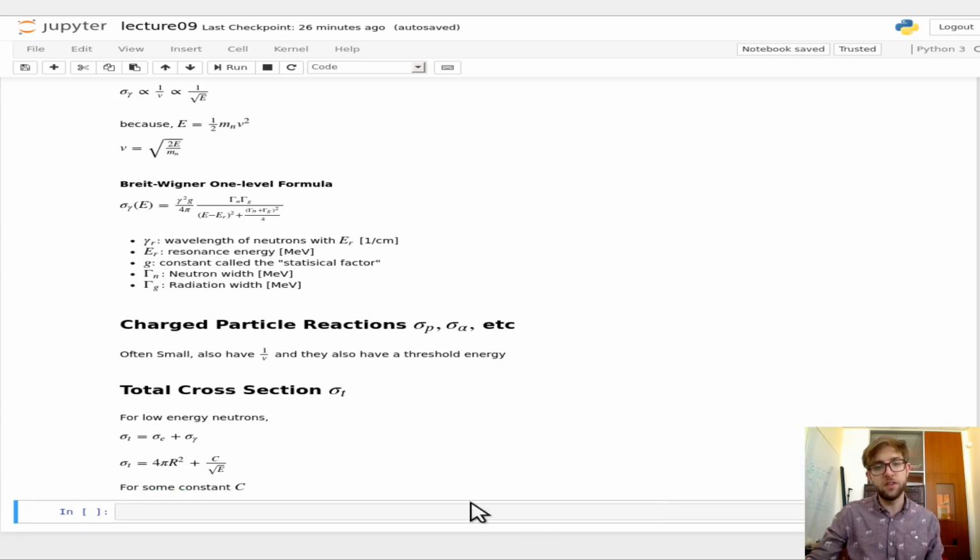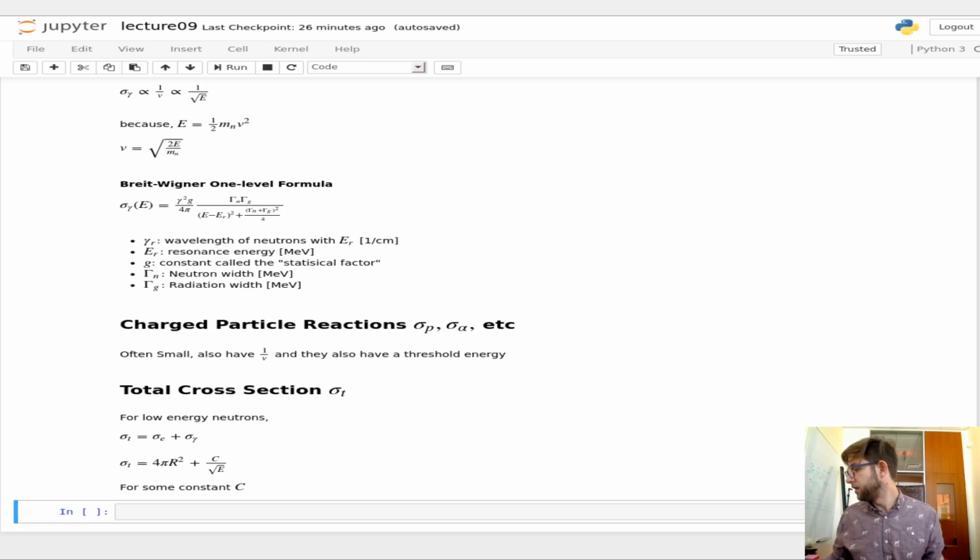Now which one of these two terms dominates really depends on the energy and the constant c. Some nuclides are going to be more likely to absorb neutrons, and some are going to be more likely to just have them elastically scatter off, bouncing away.